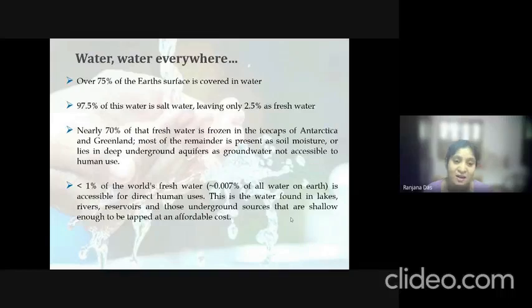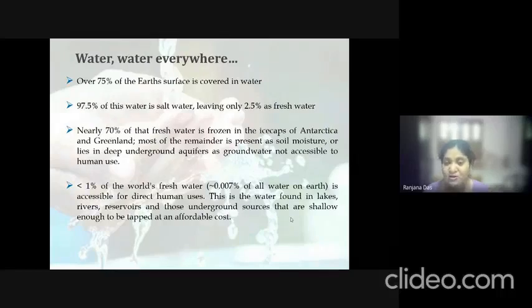That is less than 1% of the frozen water that is already on the earth's surface. So that amount is obviously very, very low. And we are concerned about the water and water treatment because we want more and more fresh water.